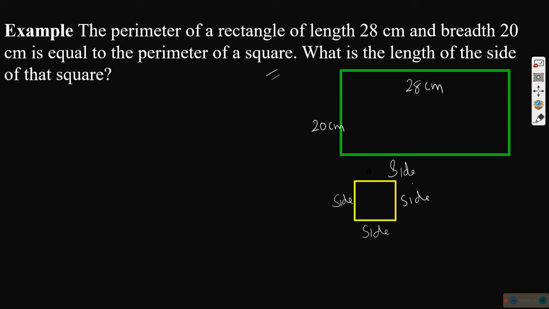So the question is, we are having the perimeter of a rectangle. Perimeter of a rectangle is 2 into (length plus breadth). That means length is given as 28, breadth is given as 20.